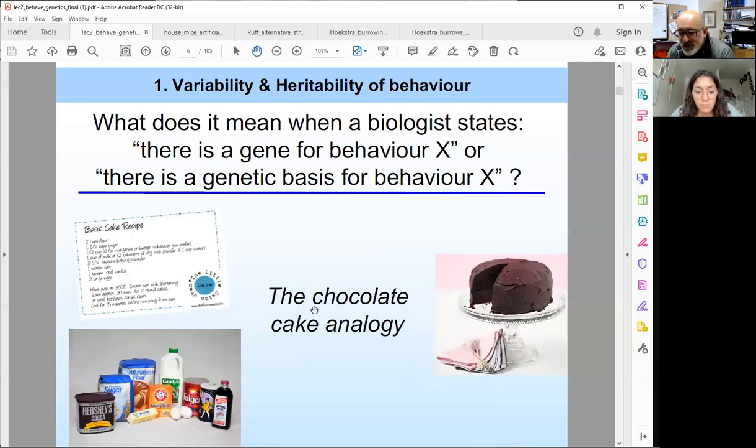You can remove some genes, you can try to manipulate the recipe to see what the outcome is on the cake, but you can't necessarily pinpoint which genes do what for a particular trait in this context. It's just very difficult. There are lots and lots of genes in these quantitative traits that contribute to their variation.